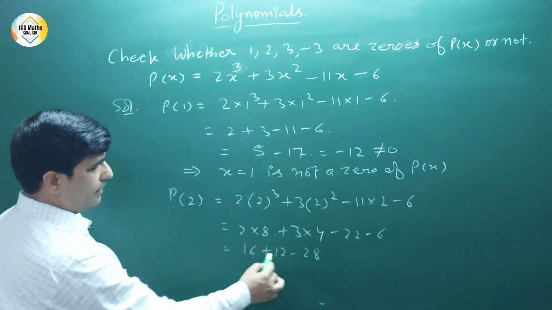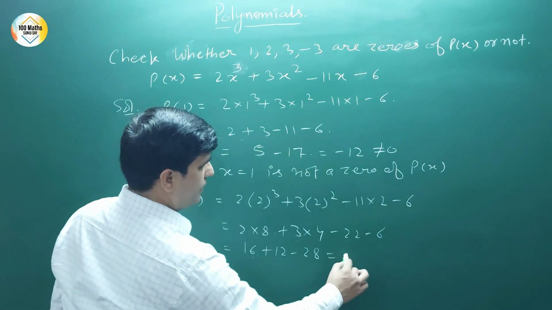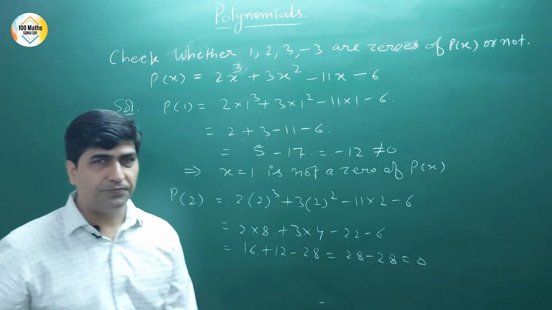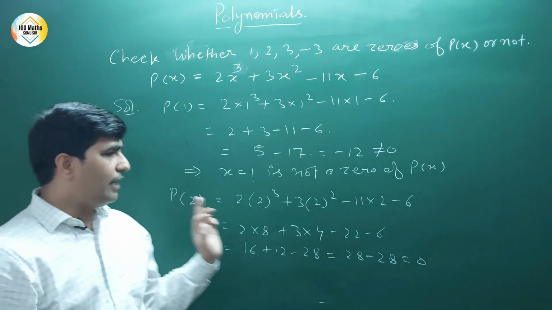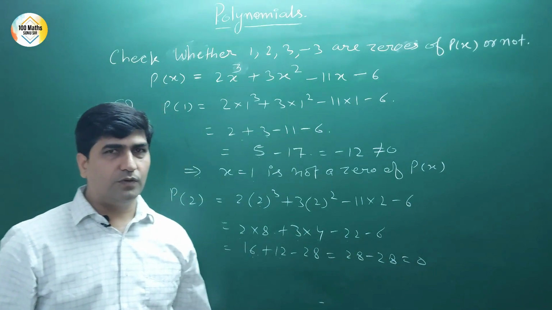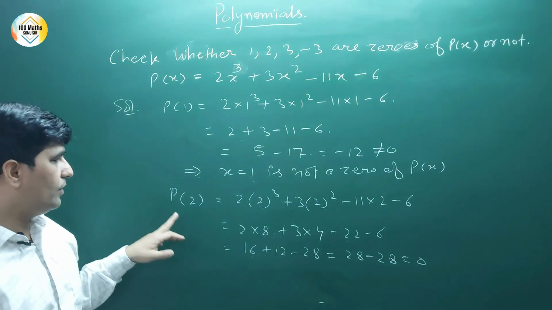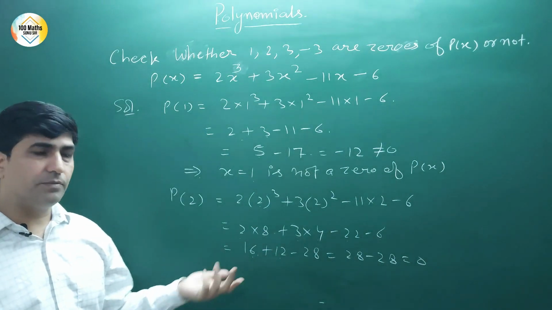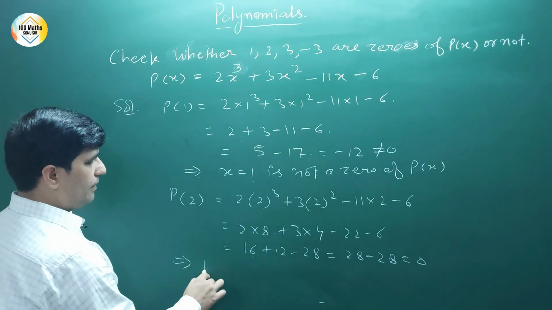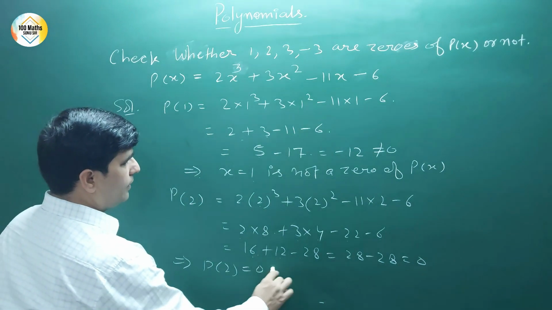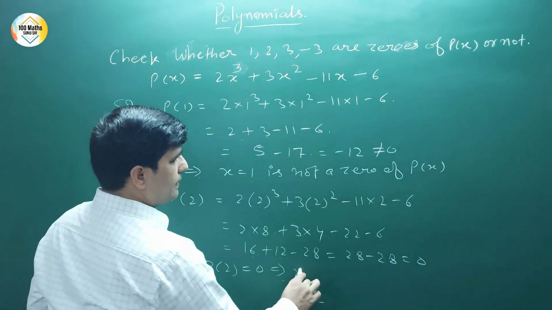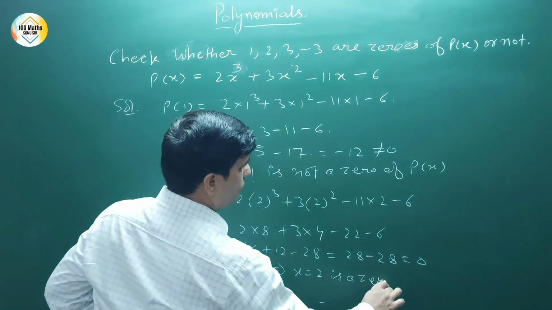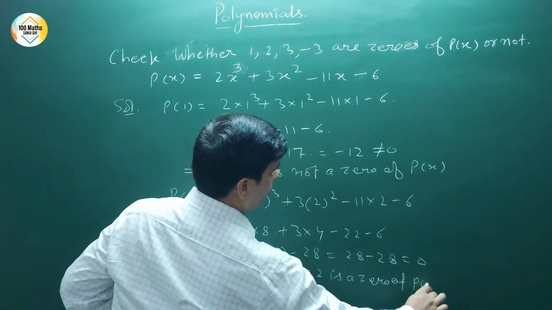What is coming at this? 28. So this is coming 28 minus 28, which means 0. Because the value of p(x) is coming 0 at x is equal to 2, or you can say p2 is 0, this implies 2 is a zero of the polynomial. We can say p2 is 0, this implies x is equal to 2 is a zero of p(x).